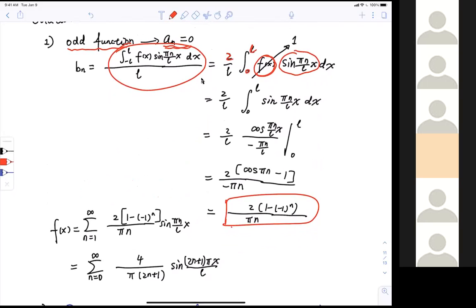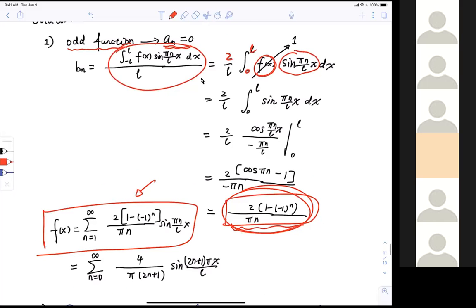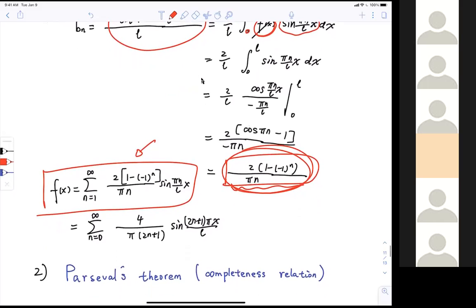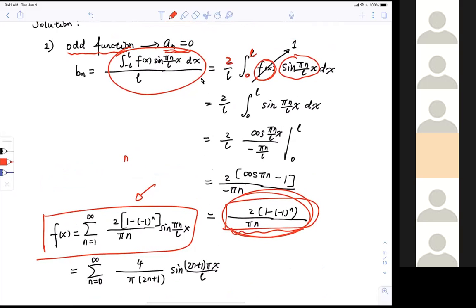So anyway, we got bn equal to this. Plugging in, we get the expansion. And we notice that if n is even, the coefficient vanishes because 1 minus 1 is 0. So only when n is odd is it non-zero.